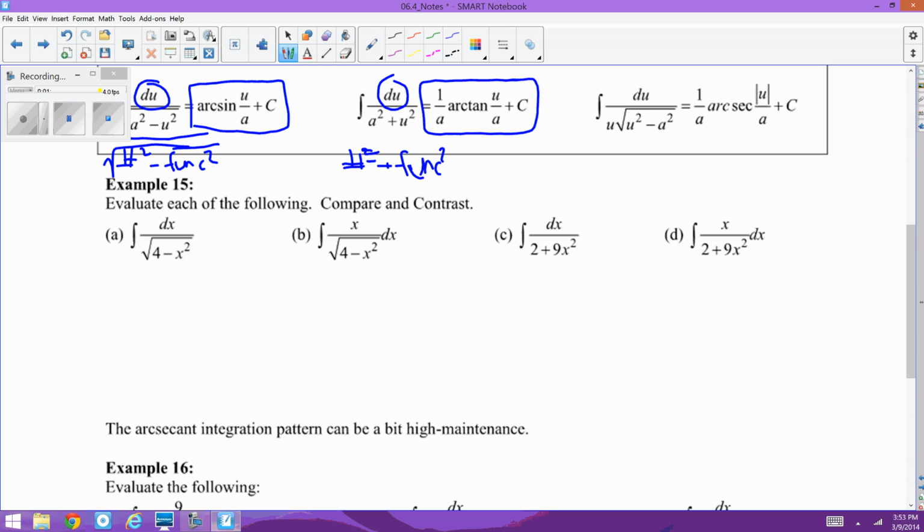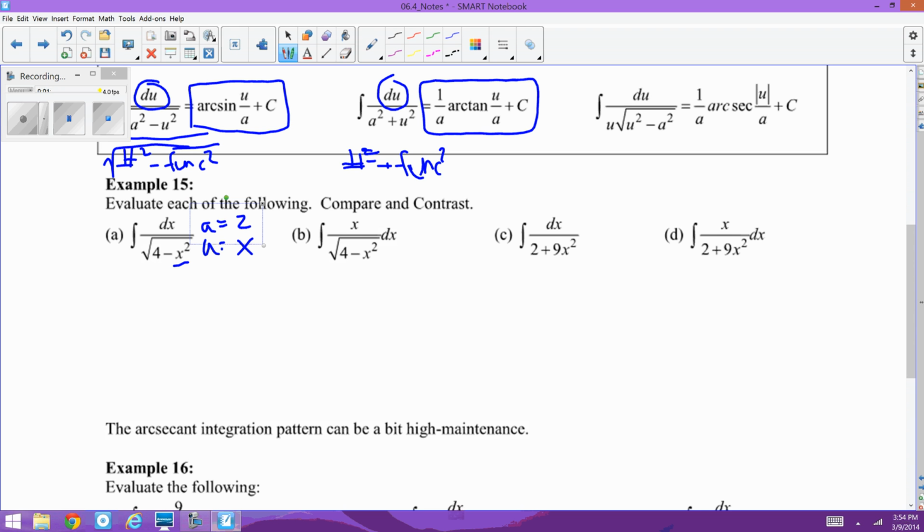Some of these are going to involve trig, and some of them aren't. So we'll look at this first one. Does this look like any of those? Well, I have a number squared minus a function squared, and the derivative is close to the top. So if I let a equal 2 and let u equal x, then du would be just 1 dx, so we're fine.